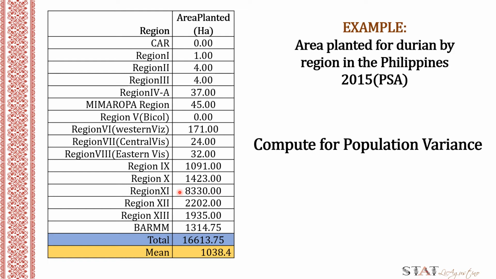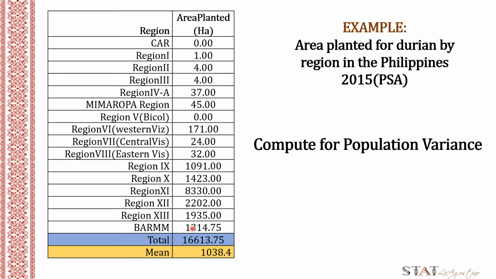So now you have an idea of which places have a lot of area planted for durian. Region 12 is 2,202 hectares. Region 13 is 1,935, and BARMM, the Bangsamoro Autonomous Region, is 1,314.75 hectares.